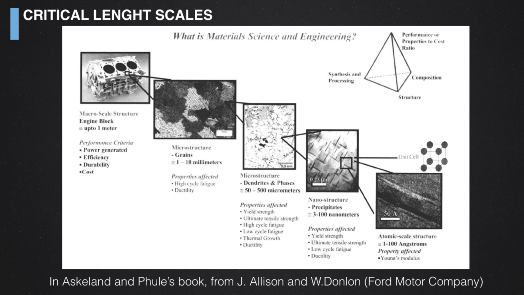Then let's go one step further. So, for example, to the micro scale, we may notice that every material is composed by crystalline grains, where the orientation of the atoms is absolutely coherent.